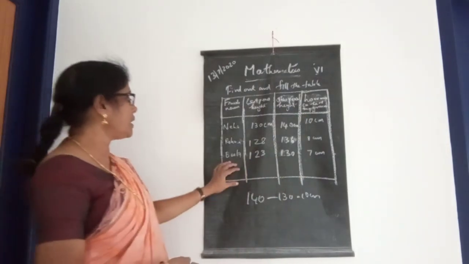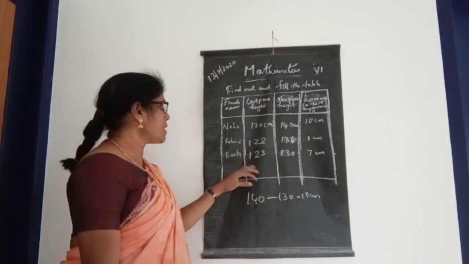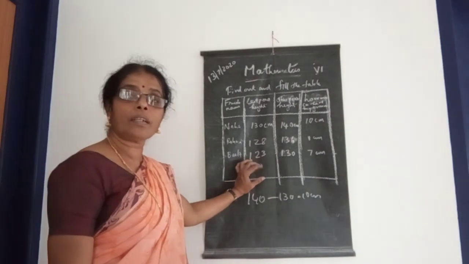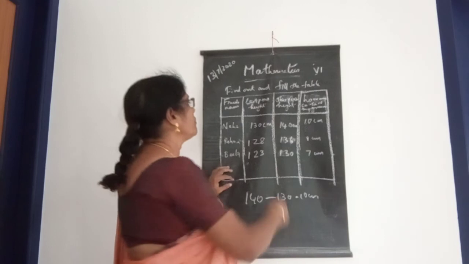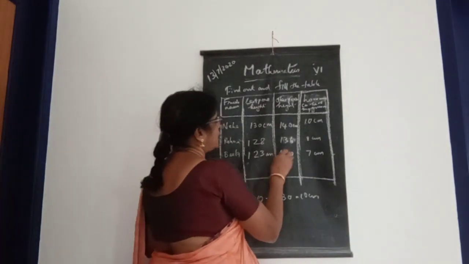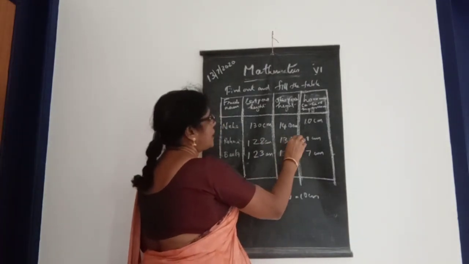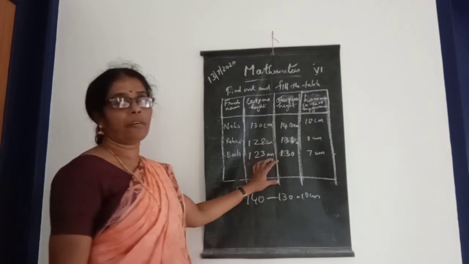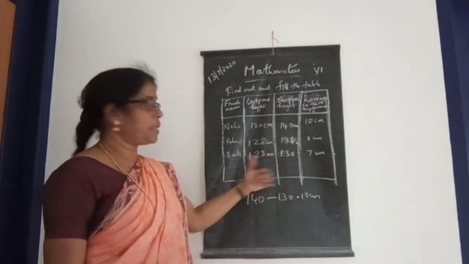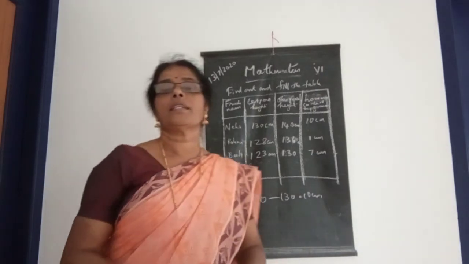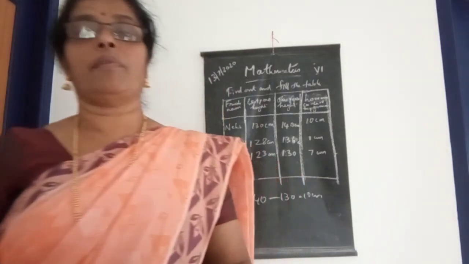And next one is Bina. Bina's height last year is 123 centimeter, and this year 130 centimeter. The difference between this year and last year is 7 centimeter. That means Bina has grown up 7 centimeter since last year.